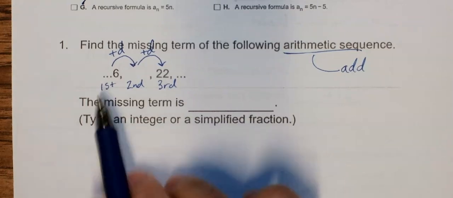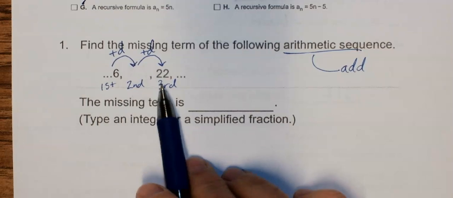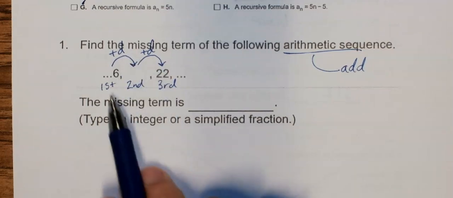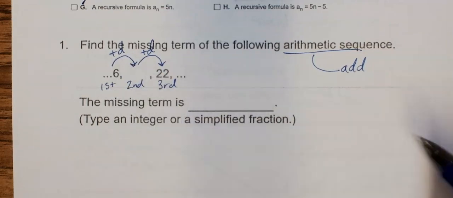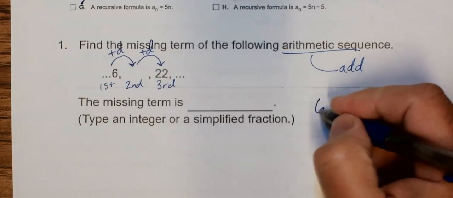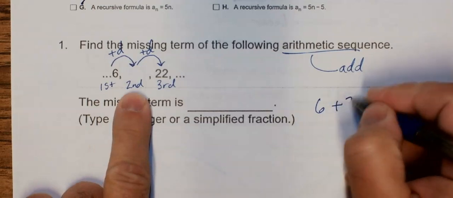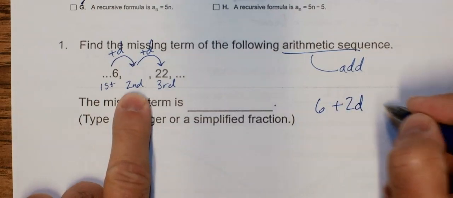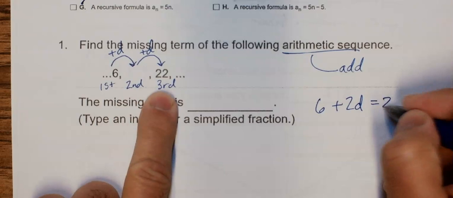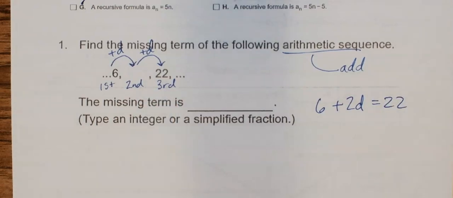Abbott, what do you think? How many times am I adding? 2 times. Good. So we're starting at 6. We're adding 2 common differences, and we end up at 22. This is the equation you need to help me solve.